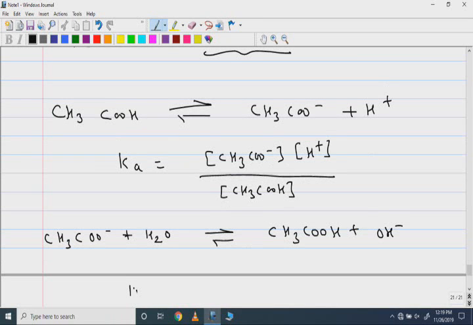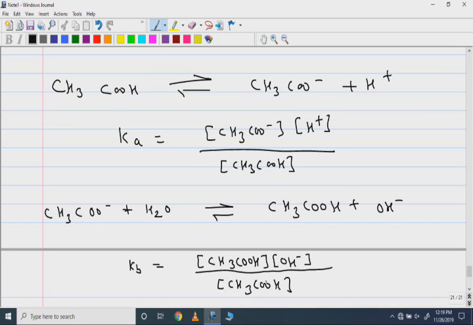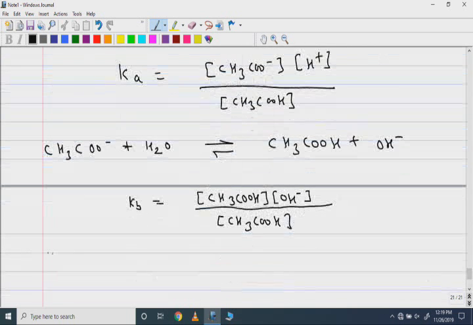For this one, definitely I'll define the Kb, which is CH3COOH times OH minus upon CH3COO minus. Now what we have to do? Just multiply Ka and Kb.